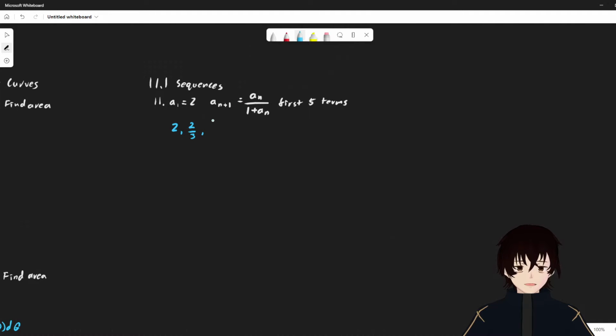So a sub 3 is going to be a sub 2, 2 over 3 over 1 plus 2 over 3. So that's 5 over 3. Multiplied by the reciprocal, we get 2 over 5.